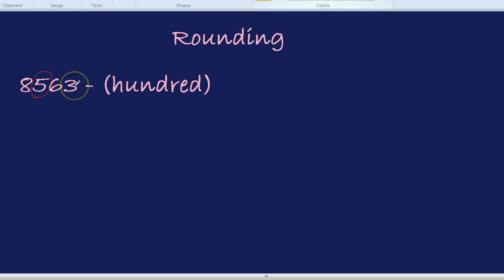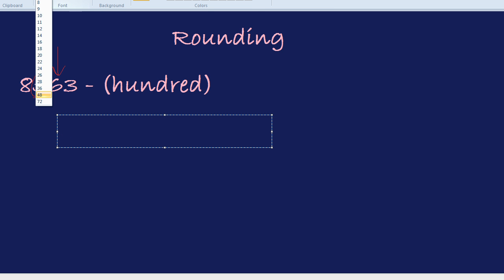Remember, the first one would be the units, second one would be the tens, third one would be the hundreds, fourth one thousands, next one 10,000s, etc. We've circled the 100 digit. Now we look to the number to the right, in other words, this number here, the 6. And here's the big question you need to ask yourself. Quite an important question.